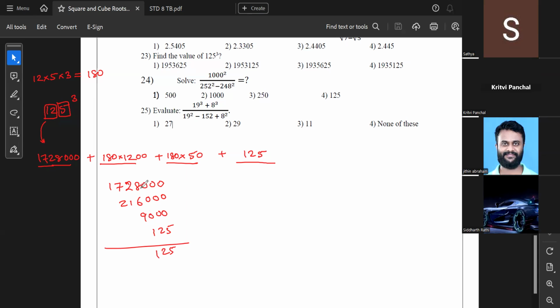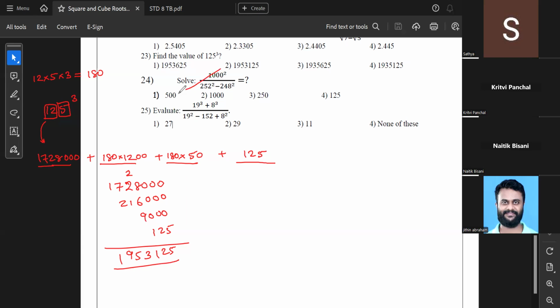Sorry, 23. Yes, 23. And then you have 5, 9, and 1. So this will be your answer, which is option number 2, 1953125. Yes, sir. Option 2. Correct.